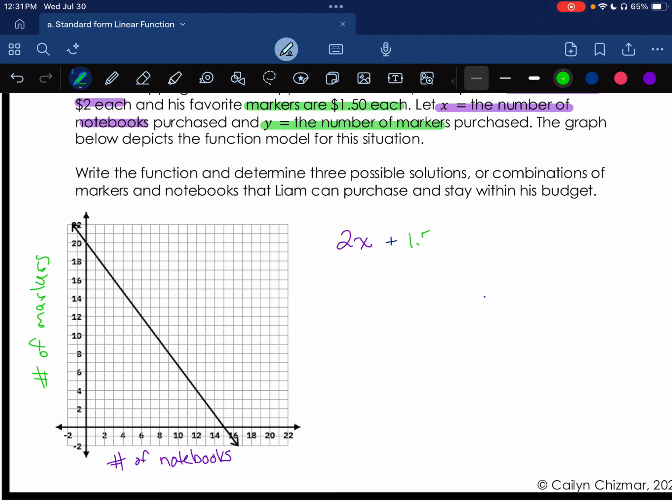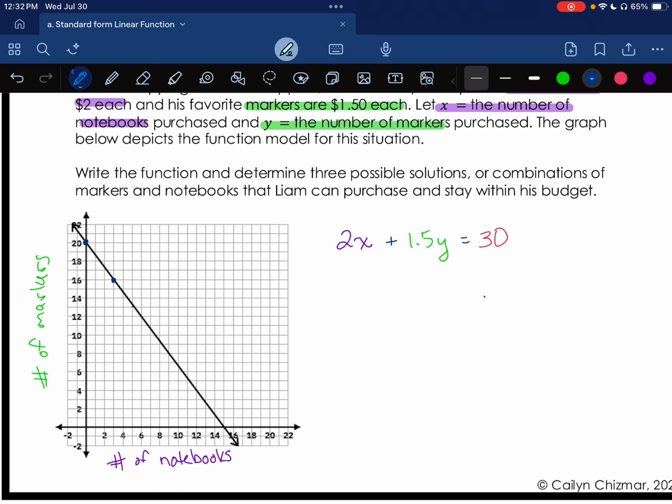But like I said with the previous one, we could just as easily use an inequality to model this and think about spending less than or equal to $30. All right, so points on this line here are those intercepts, right? And any whole number, because again, like I said, they don't really let you purchase parts of a notebook or parts of a marker at the store.